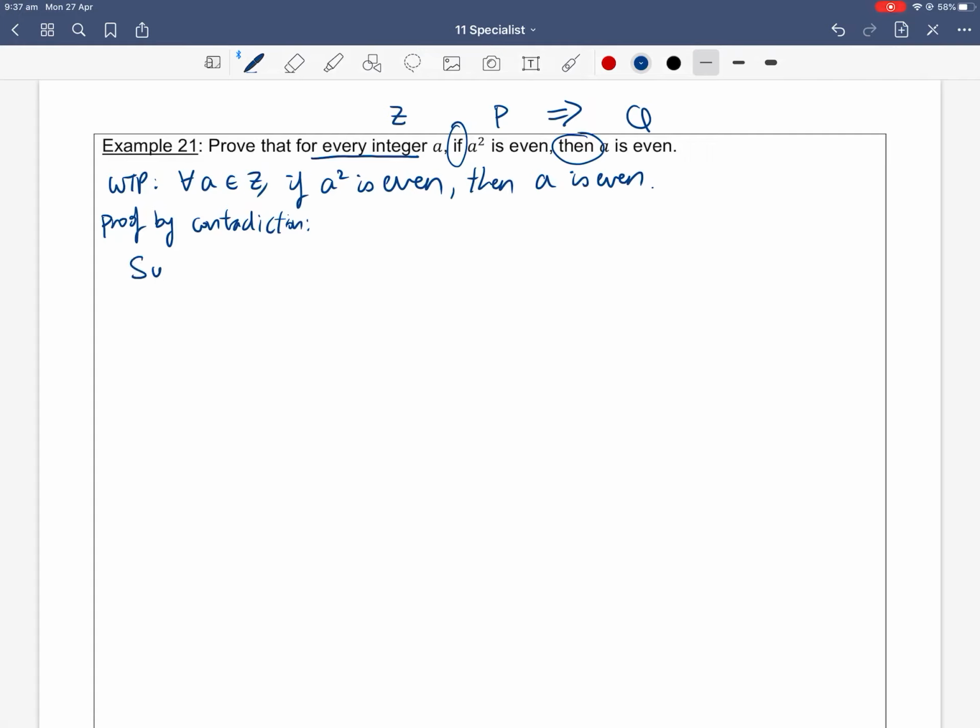Okay, so this is the pattern. We start off proof by contradiction by supposing not. So suppose the opposite happened.